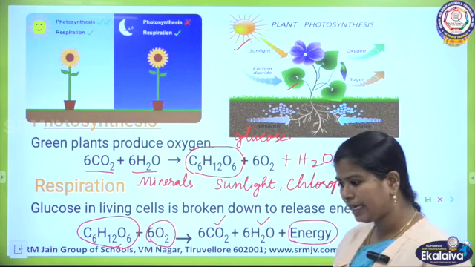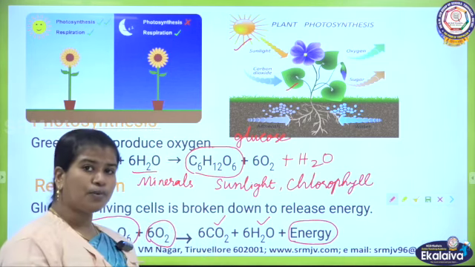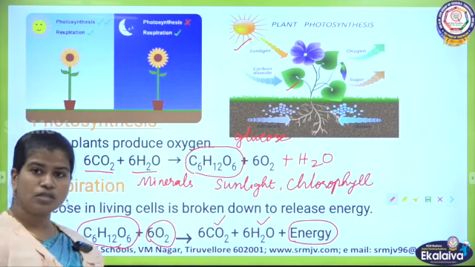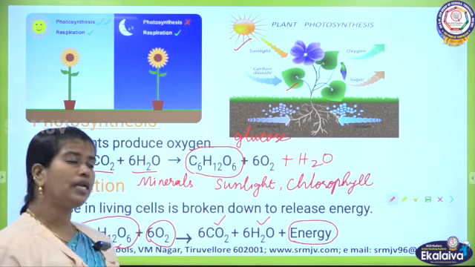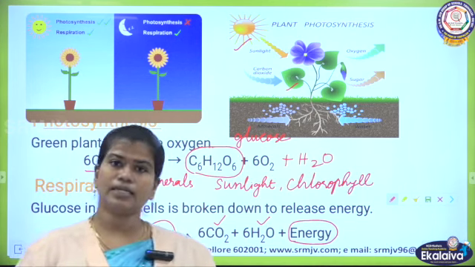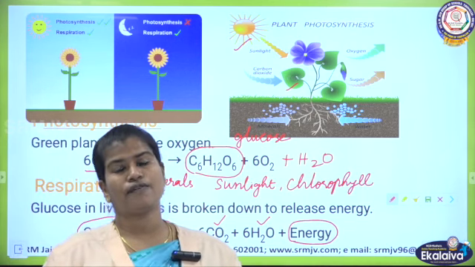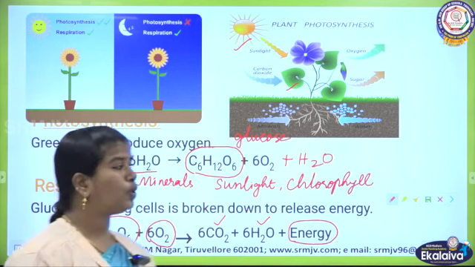So during the daytime, both processes, photosynthesis as well as respiration, take place, because we know that for photosynthesis we need sunlight, the ultimate source of energy. So in the presence of sunlight only, photosynthesis takes place.